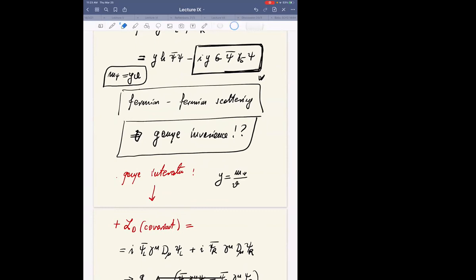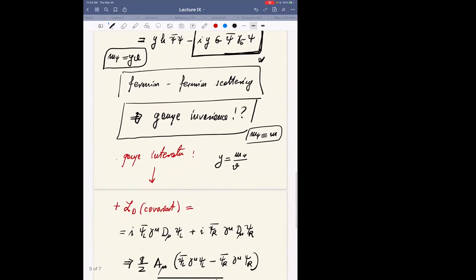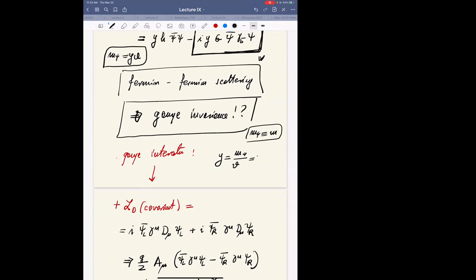I will write M psi. If I forget, that's the mass of the fermion. But I know that M_A is g times v, so this is precisely g M fermion over M_A.